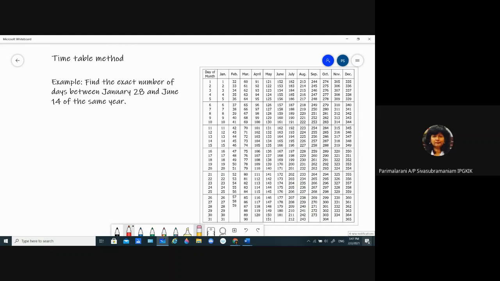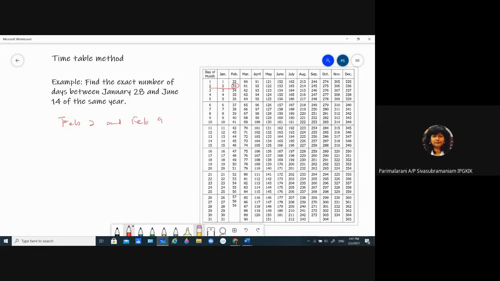Say we want to find the time between February 2nd and February 9th. The time between dates from February 2nd to February 9th. So we look at the date of the month, we want 2nd. So we look along February. What is the value here? 33.